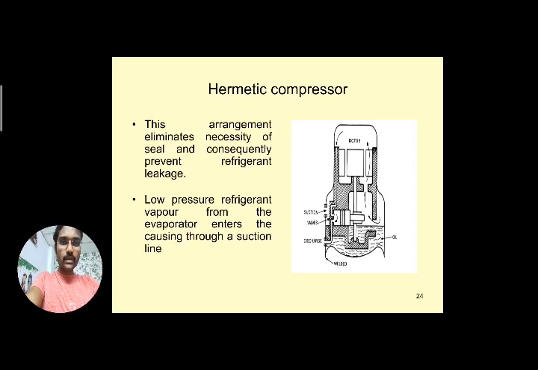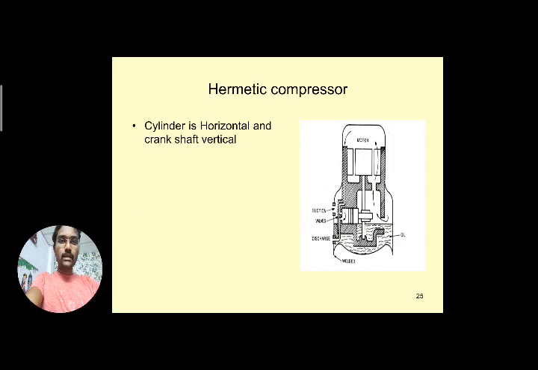Low pressure refrigerant vapor from the evaporator enters through the suction line here. Next, the cylinder is horizontal, and you can see at the bottom portion a cylinder along with the piston, placed in a horizontal manner.